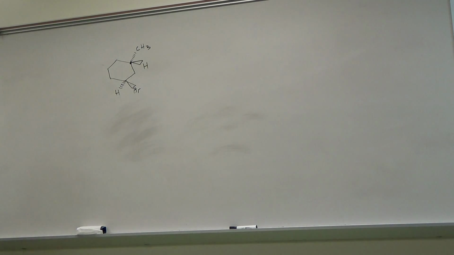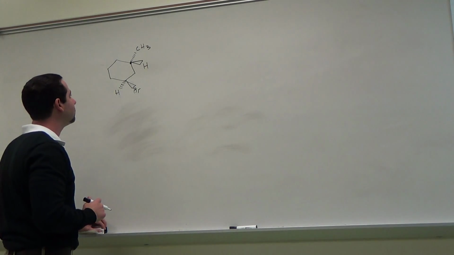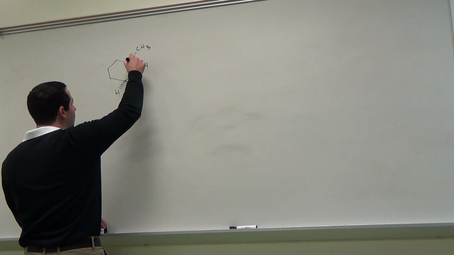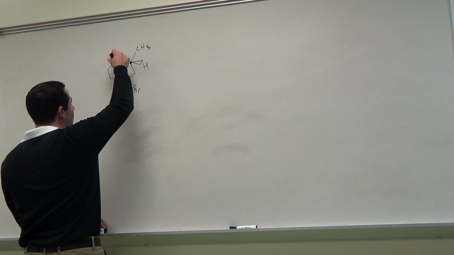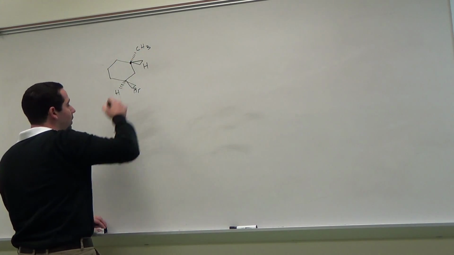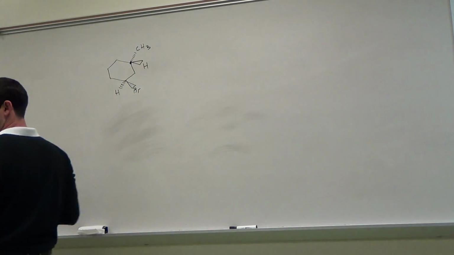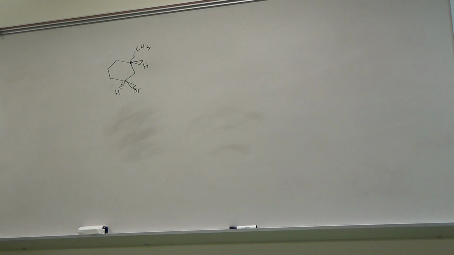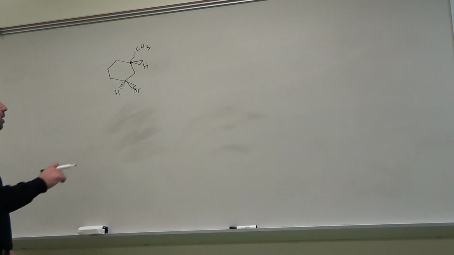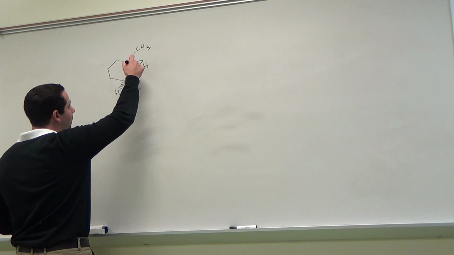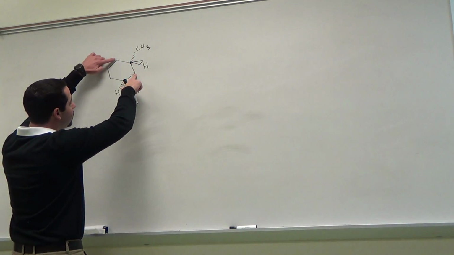Okay, so we assign priority, yes? Which one is the highest priority? You have to assign priority here, here, there, and there. Is CH3 the highest priority? No. Absolutely not. Here's a CH2 and here's a CH2, yes?